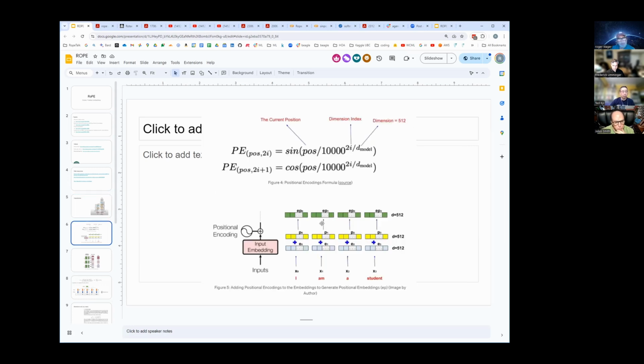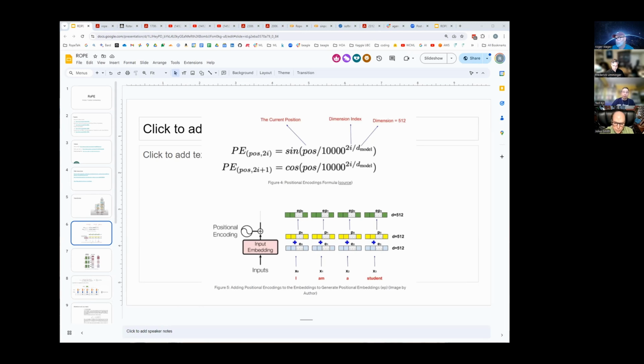So maybe two things that I would add, Roger. One is, for every position, you will get a unique set of values from those sine and cosine formulas.